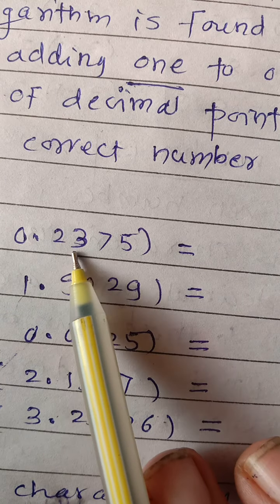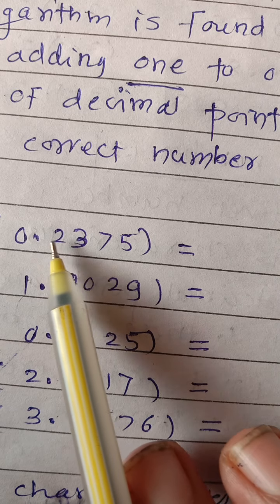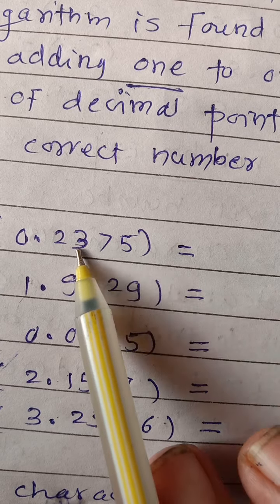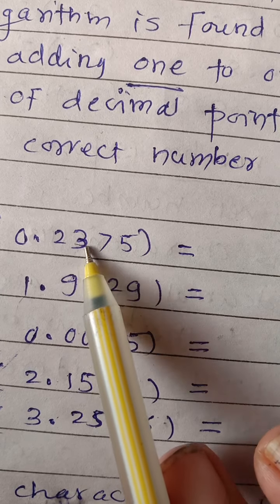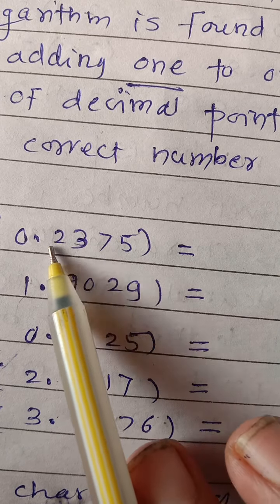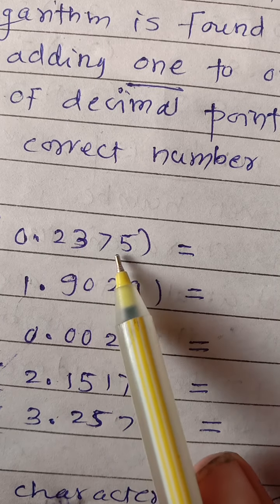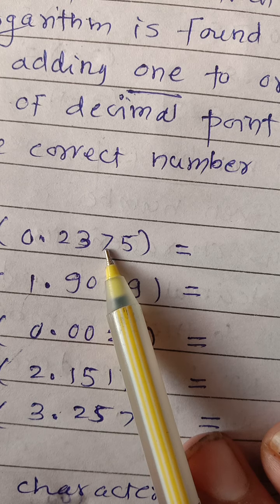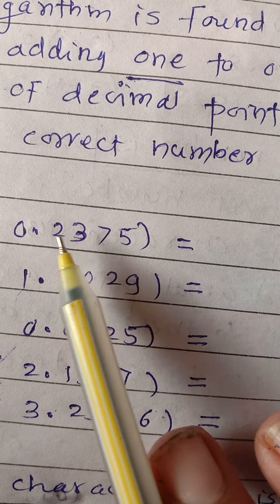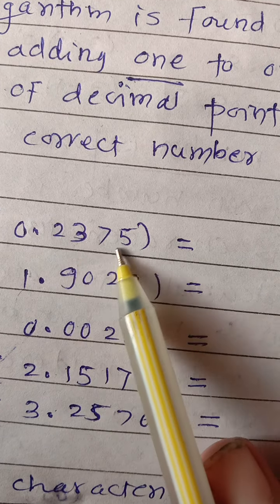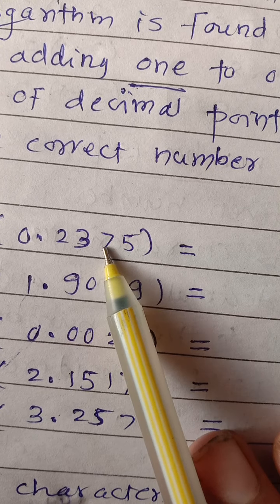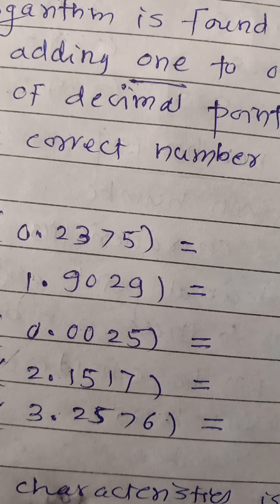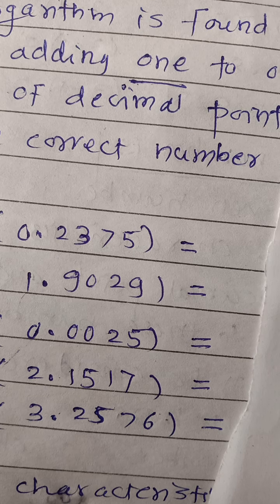First we consider the fraction part, 0.23, which will be found in the very first column of the anti-logarithmic table. Then we proceed to the 7th column, going horizontally from 0.23 up to the 7th column, and then the mean difference from the 5th column will be added to this.